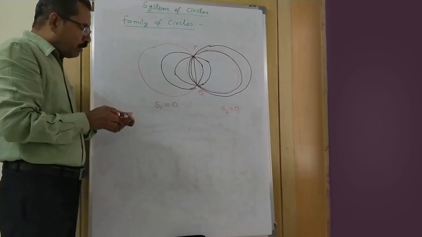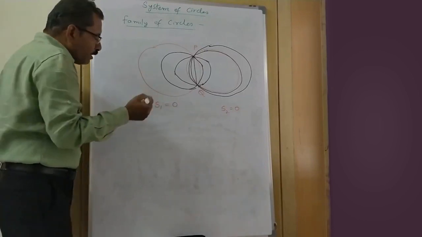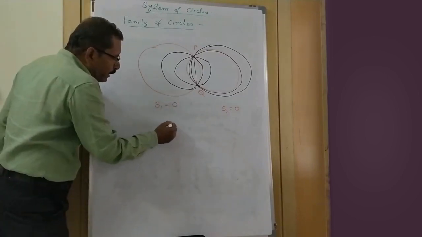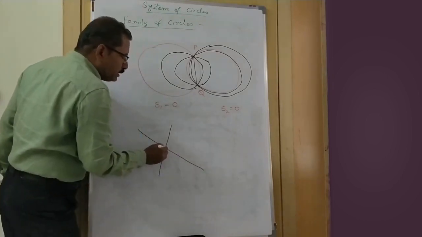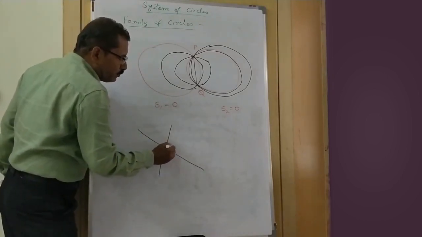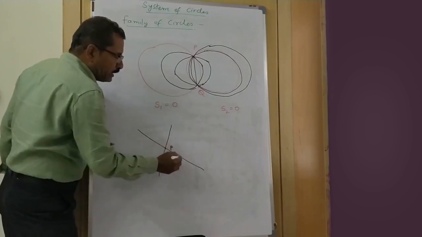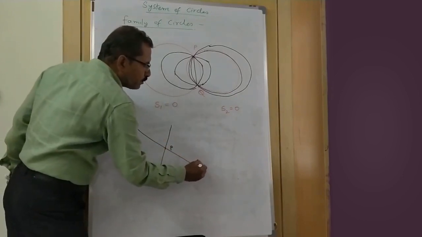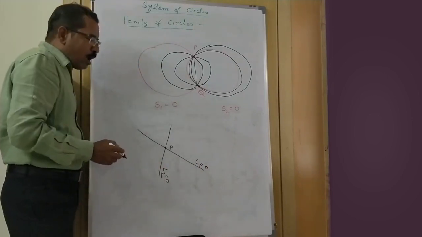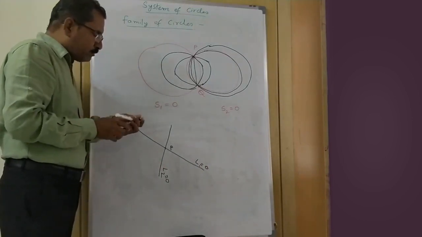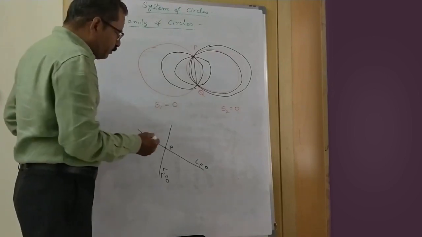Let us recall that if two lines L1 = 0 and L2 = 0 are intersecting at a point P, how many lines can you draw passing through the point P?